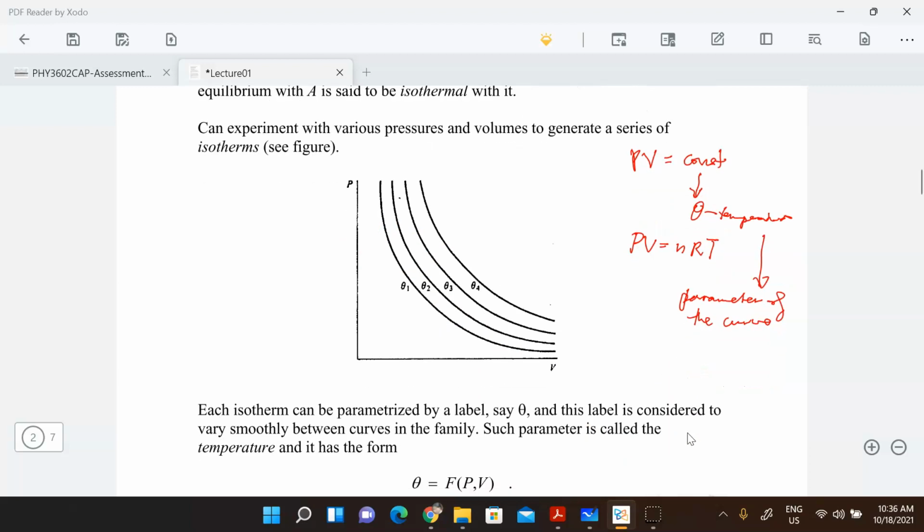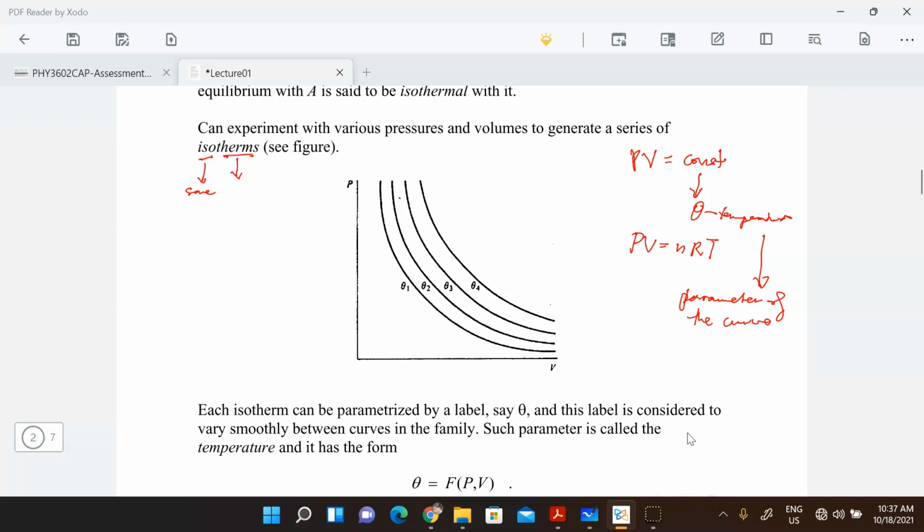So this is what we call isotherms. If you think of what this iso means, and therm is actually thermal. Iso means the same, so that means it's the same temperature. Between one curve and the next, for example, I can think of this as a neighboring curve.